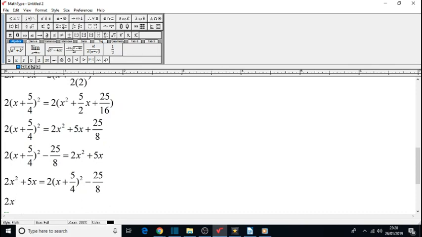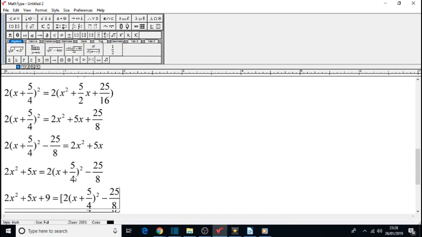So 2x squared plus 5x plus 9 is equal to, let's do big brackets. Put this all into the big brackets. Save me typing it.